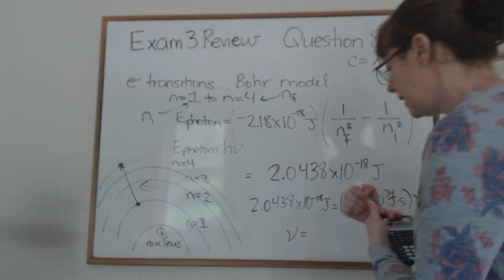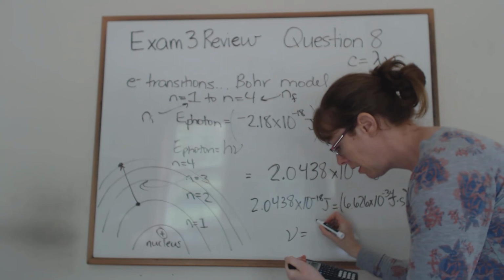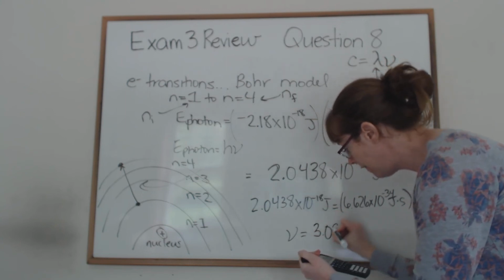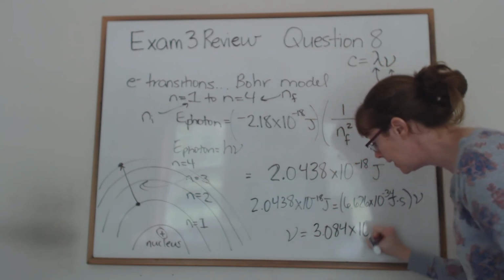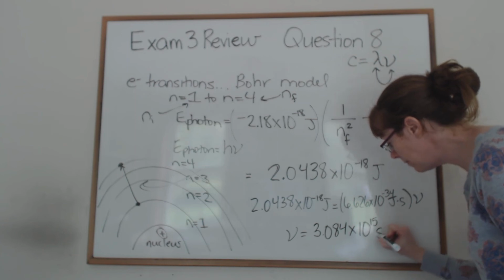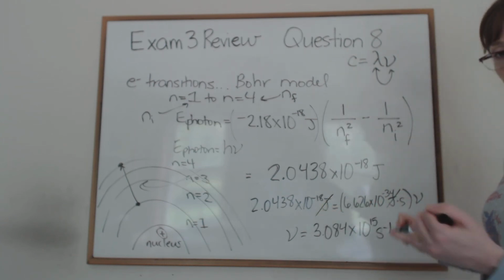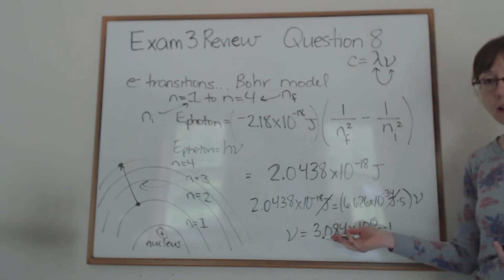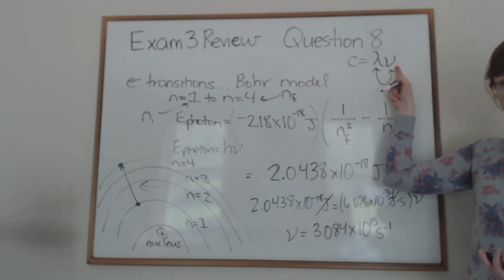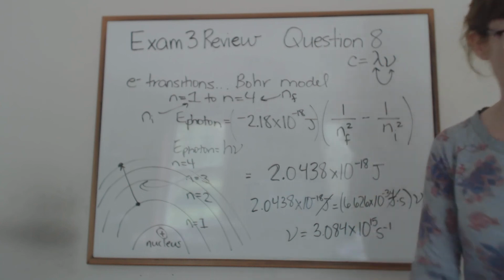I'm getting a frequency equal to 3.084 times 10 to the 15th, s to the minus 1. You can see that the joule unit is going to cancel. And now I can take that frequency and bring it to this equation to get wavelength.